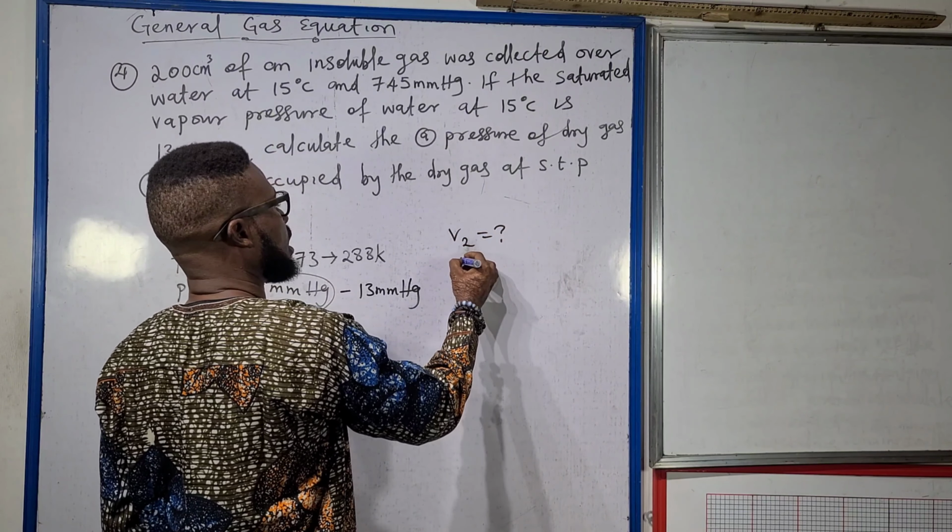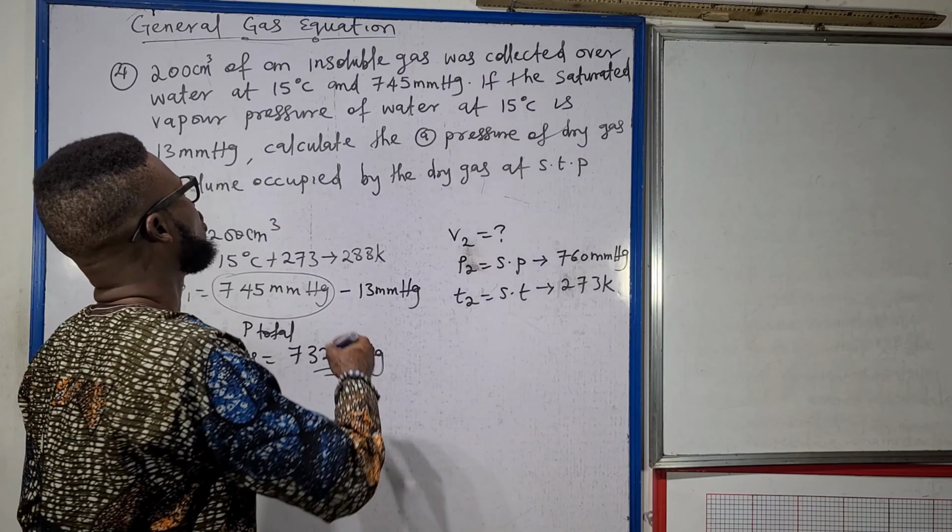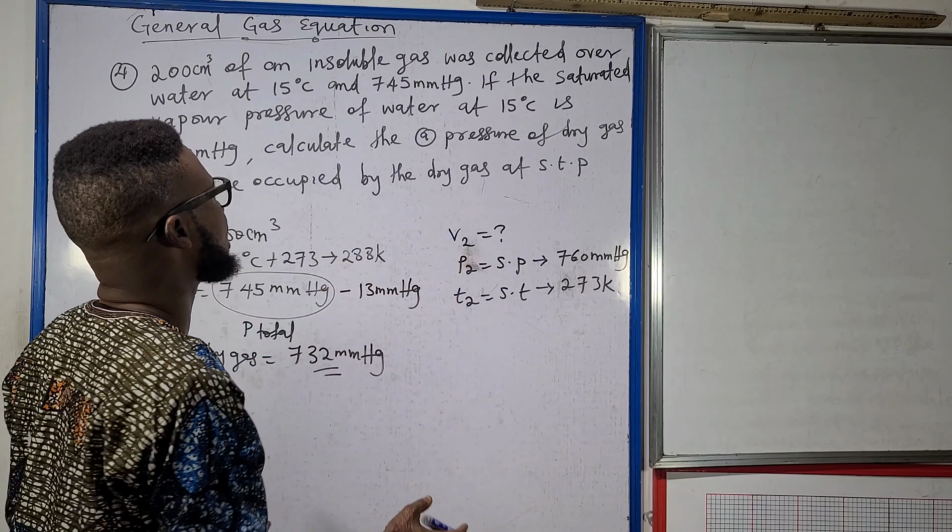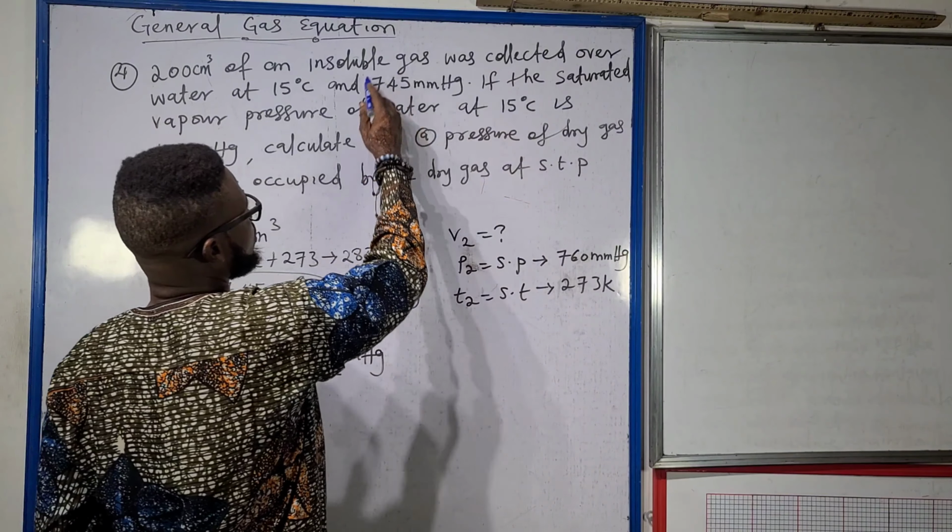So the real deal here is that when you collect a gas over water and you're given a total pressure of 745, you cannot use the 745. You have to remove the pressure of water, that's the saturated vapor pressure of water, from the total pressure here to get the pressure of the dry gas, which you are now going to use in the equation of state.